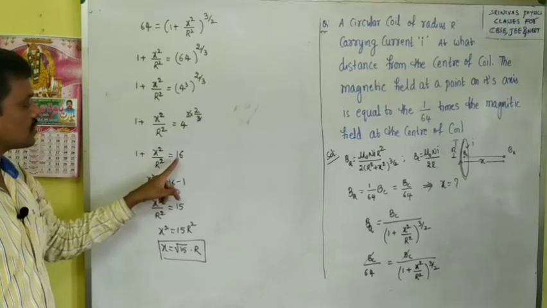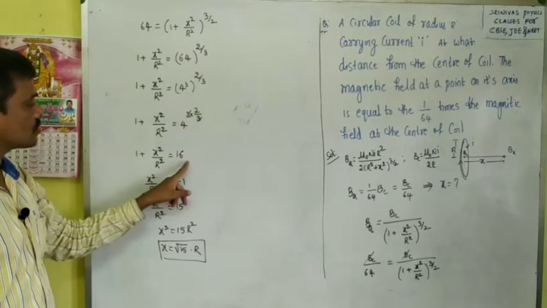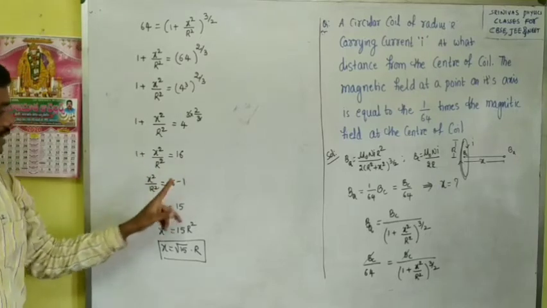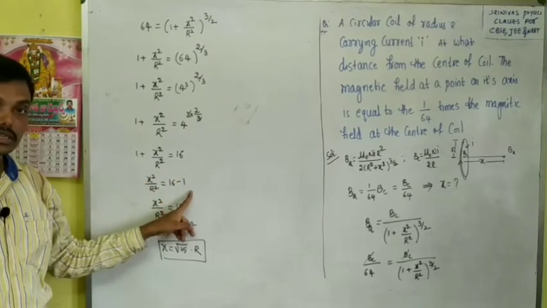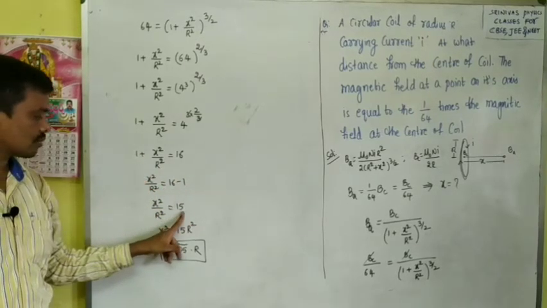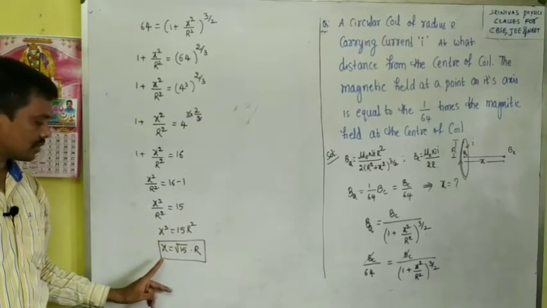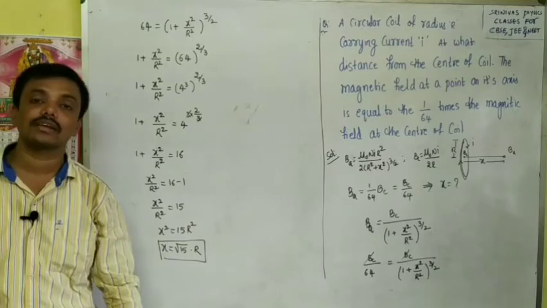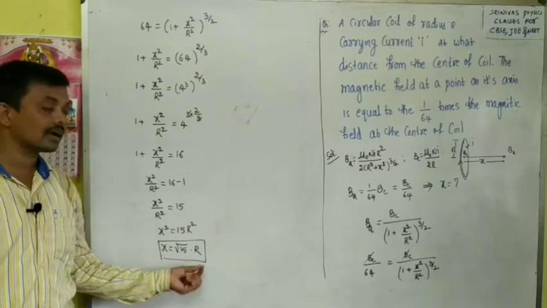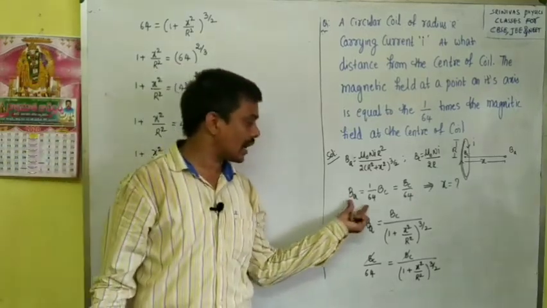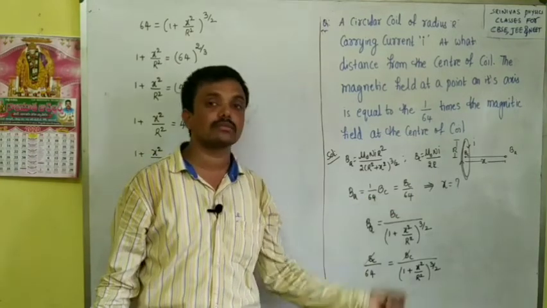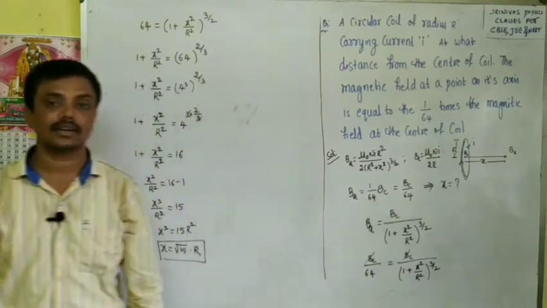So 1 plus x square by r square equals 4 square, which is 16. Then 1 goes to the right side: x square by r square equals 16 minus 1, which is 15. So x square equals 15 r square, then x is equal to root 15 r. That means at a distance of root 15 r, the magnetic induction on the axis becomes 1 by 64 times the magnetic induction at the center.